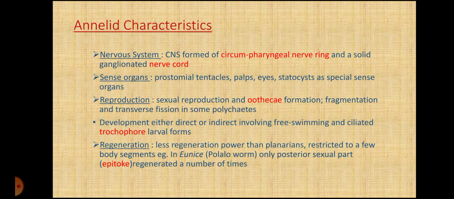Then next, sense organs. There are many types of sense organs like the tactile organs, prostomial tentacles, prostomial palpi, prostomial cirri, and then the epidermal receptors of earthworm, annular receptors of leech, taste buds, buccal receptors in the epithelium of the buccal cavity, nuchal organs on the prostomium of Nereis, and photoreceptors called simple eyes on the prostomium of Nereis.